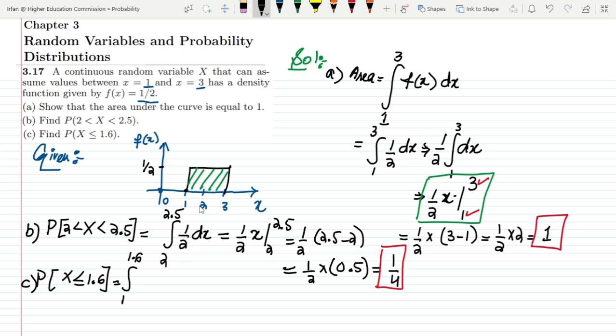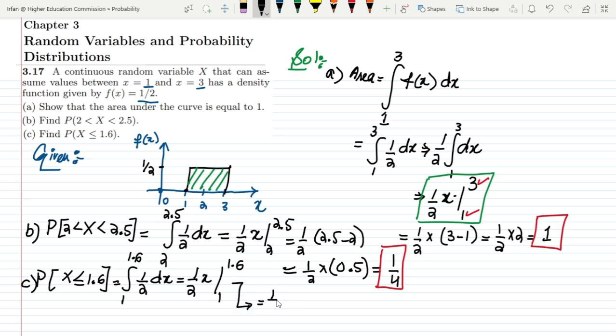Again the function here is a constant, so this will be dx. Again the same function, because f of x is not changing, so it will be 1 by 2 x, from 1 to 1.6. Now let me solve it.